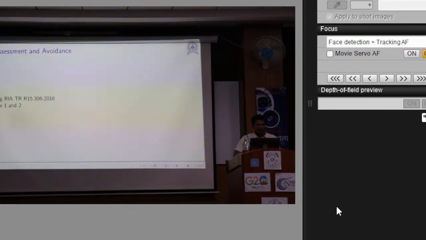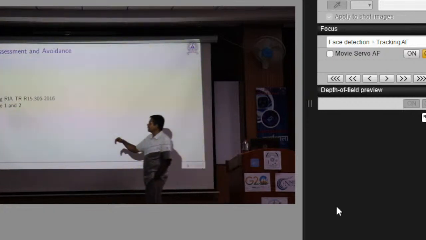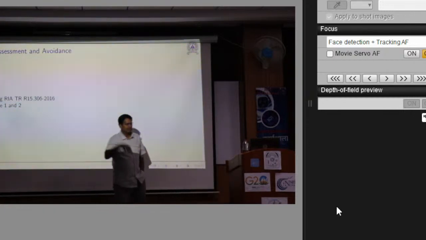There are many other things I can discuss. A few of them are risk assessment and avoidance. If it has encountered an accident, what is the extent of damage this robot can do? You can classify the robot in that category. These are two very important tables, Table 1 and 2. I'll share them with you.